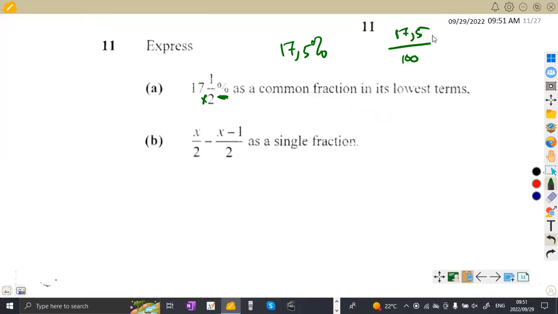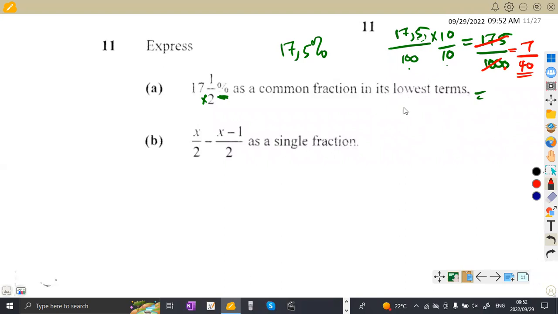Having a decimal here, you can multiply by 10 over 10 to remove the decimal point, and this will be 175 because you're moving one decimal place to the right. So it will be 175 over 1000. But we can't leave our answer like this. We can reduce by 25 into 175 and 25 into 1000, reducing stage by stage. This gives us 7 over 40. So it's going to be 7 over 40.